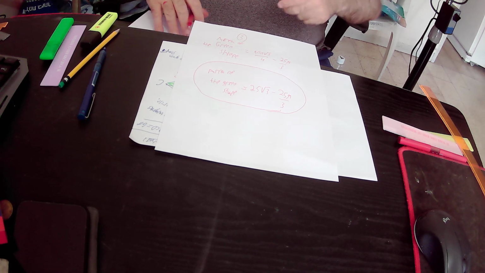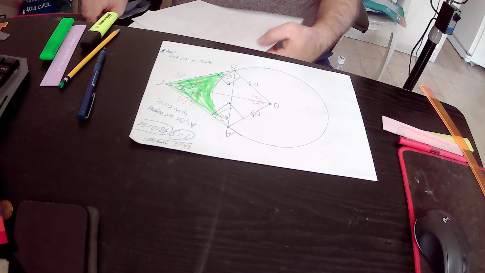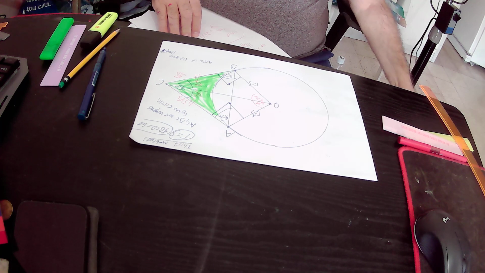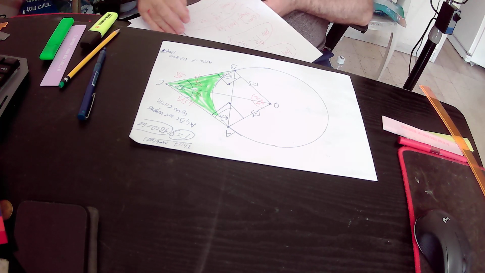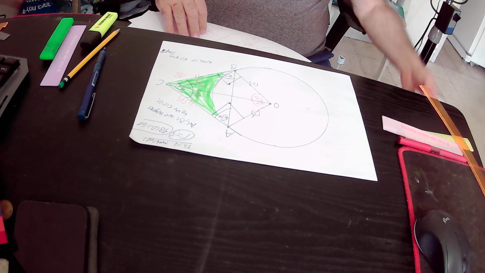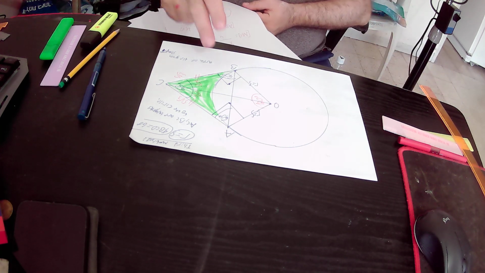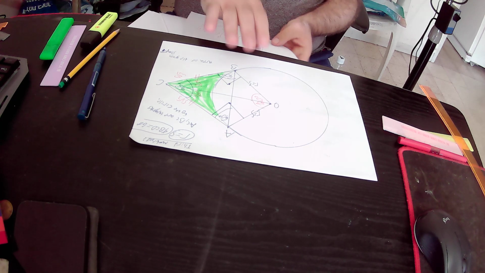Okay, so now I will summarize the lecture. Actually, we wanted to find out the area of the green shape. We found out the area of this green shape in 3 different ways.